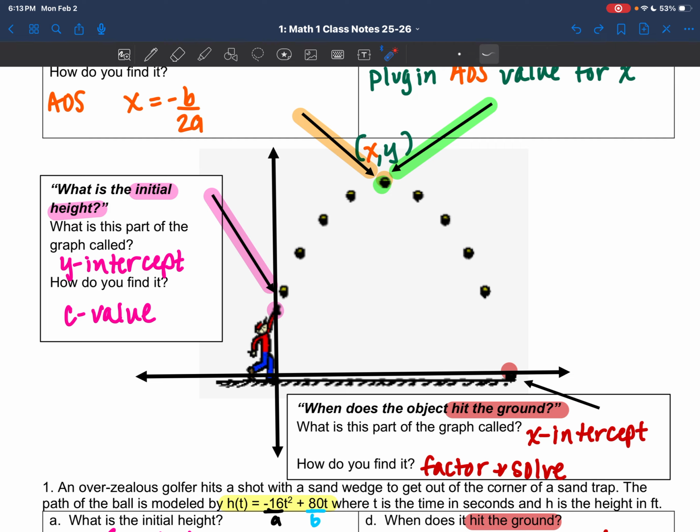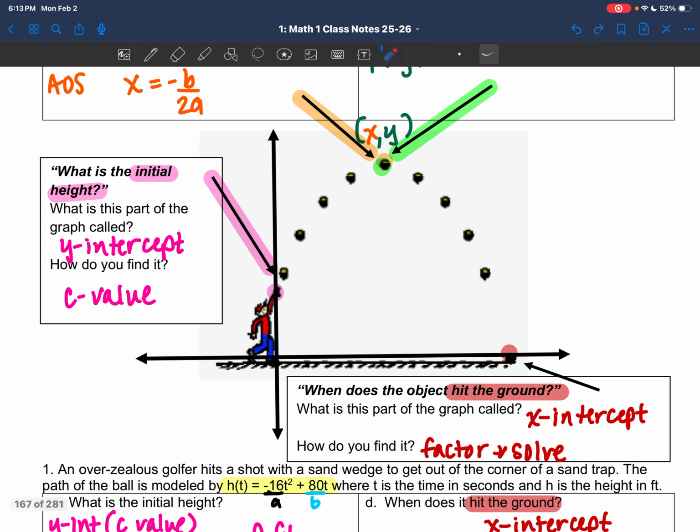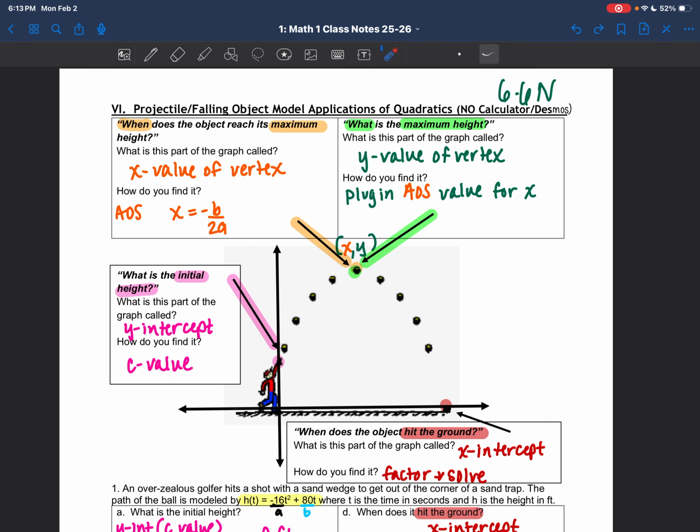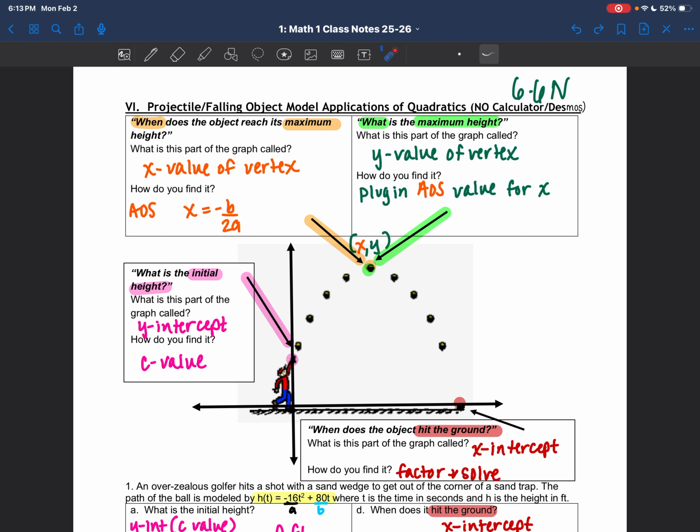Then the object is going to come down, and when it hits the ground, that's the x-intercept. To find that, remember what we just talked about: you factor it, set it equal to 0, and solve it. So these are the major parts, and of course, depending on what's happening in the word problem, you make adjustments as needed.